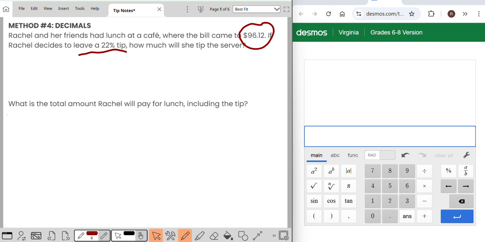Well, the first thing you want to do is convert, since we want to use decimals, 22% to a decimal.